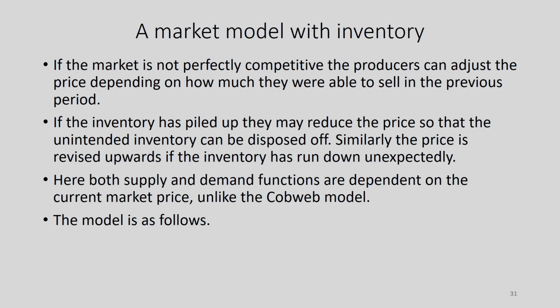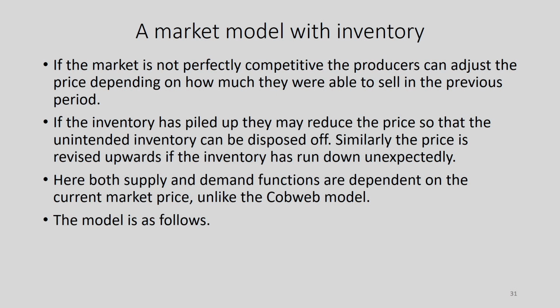If the inventory is piled up, they may reduce the price so that the unintended inventory can be disposed of. Similarly, the price is revised upwards if the inventory has run down unexpectedly. Inventory in short means stock.